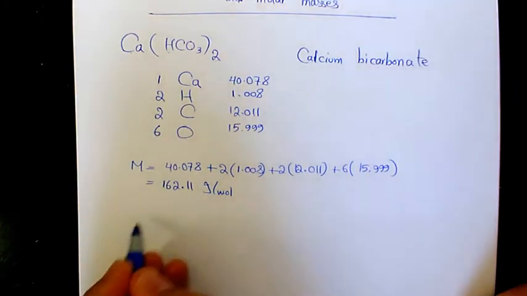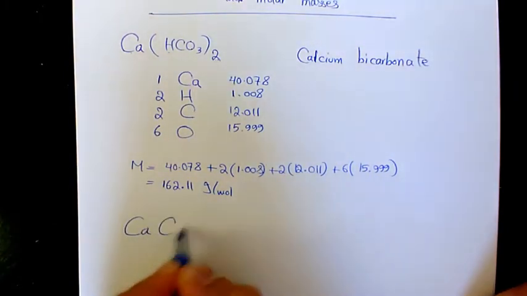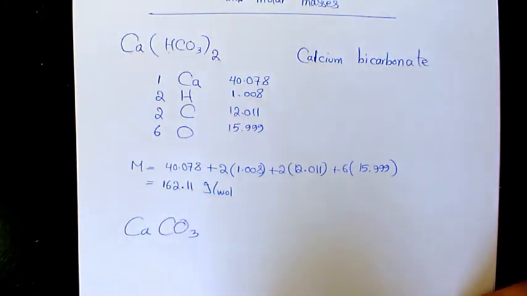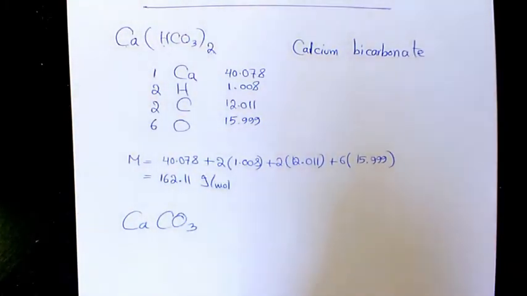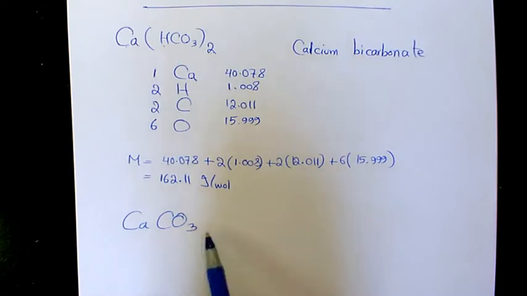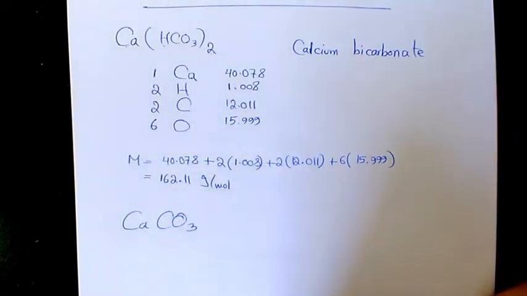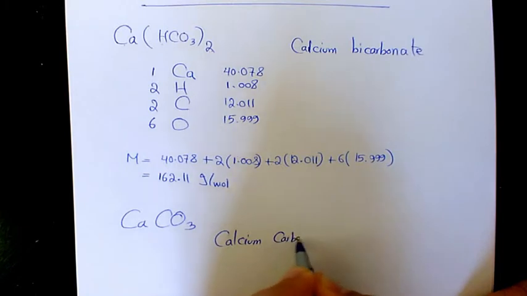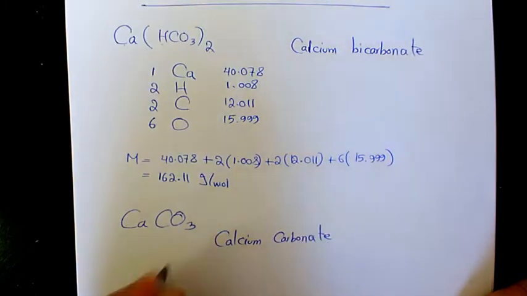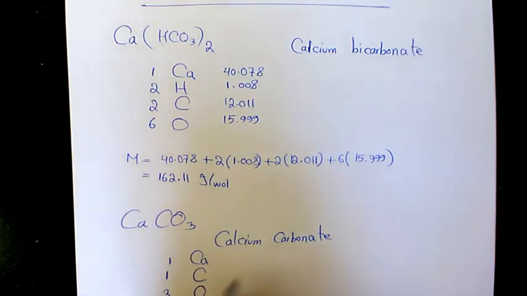Next compound, let's have calcium carbonate, CaCO3. CO3 is 2-, Ca is 2+, so that's why instead of 2 and 2 we just write nothing there, because that's reduced to 1 and 1. So calcium carbonate, we have 1 atom of calcium, 1 atom of carbon, and 3 atoms of oxygen.